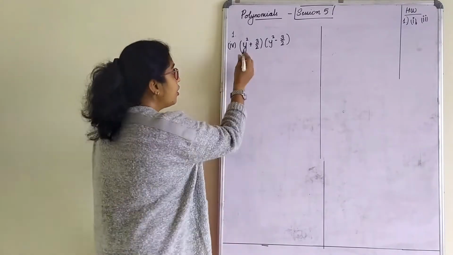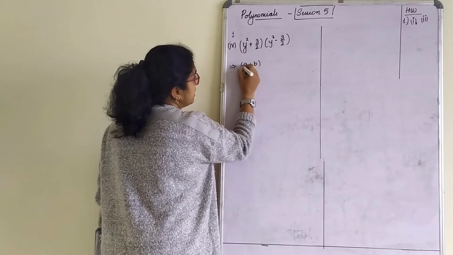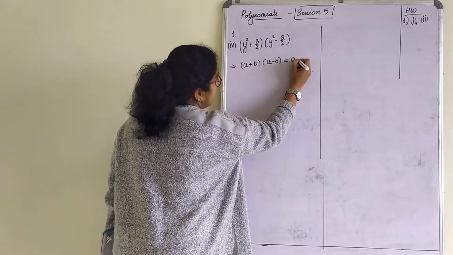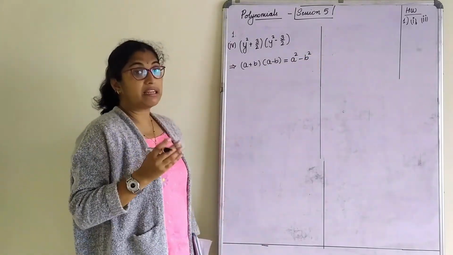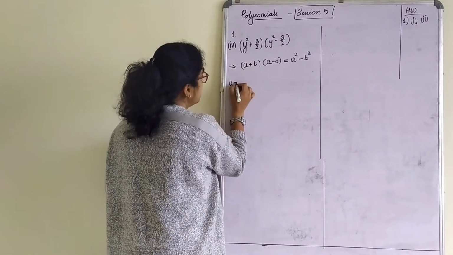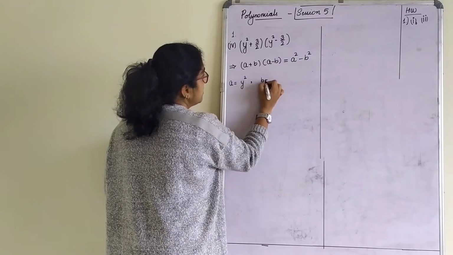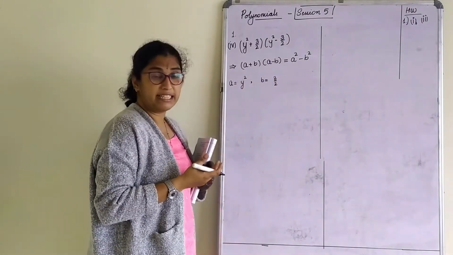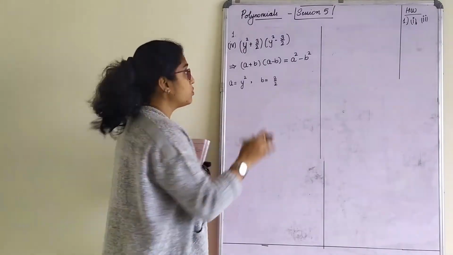So this is of the form (a + b)(a - b), which is nothing but a square minus b square. Correct? You need to first identify the correct identity. So what is your a term here? The a term is y square and the b term is 3/2. Once you identify which identity and write what your a and b are, it's very simple to solve further.